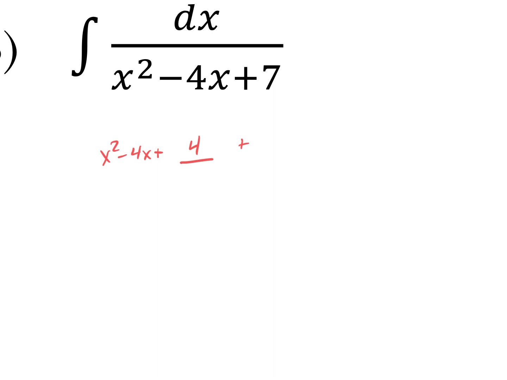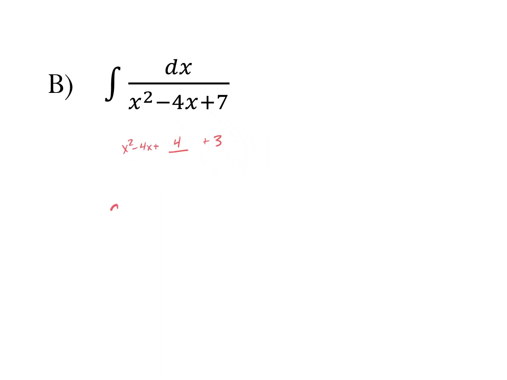So if I want to make sure I stay equivalent, what value do I need to place here so that the bottom continues to have the same value? 3. Everybody good? So I could rewrite this as the integral of dx over x minus 2, the quantity squared, plus the square root of 3 squared.